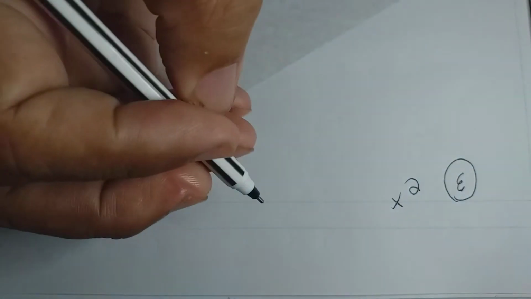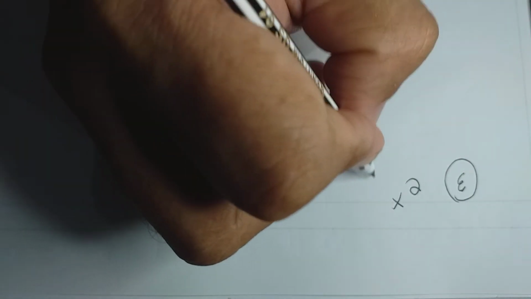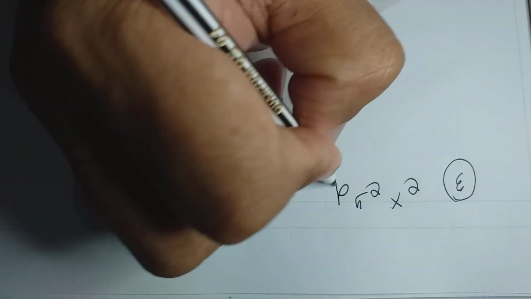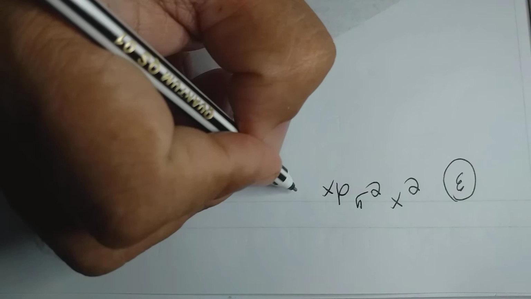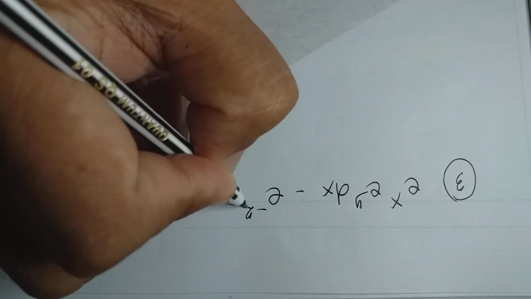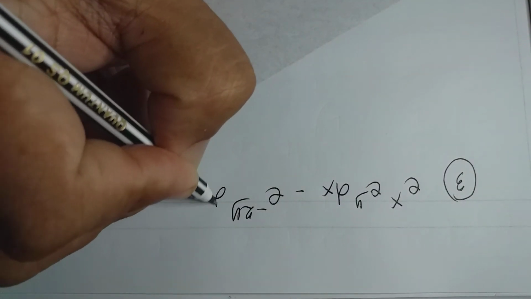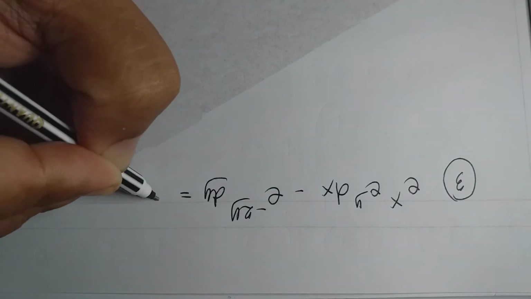Example number 3. Determine the particular solution of, this is number 3, e to the x, e to the y dx minus e to the negative 2y dy is equal to 0.